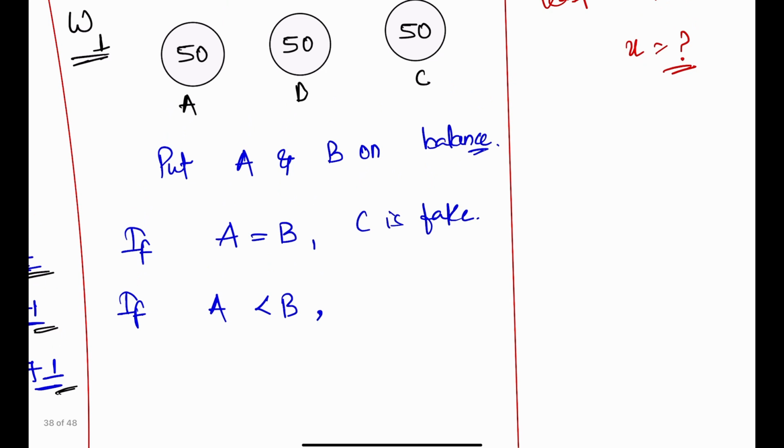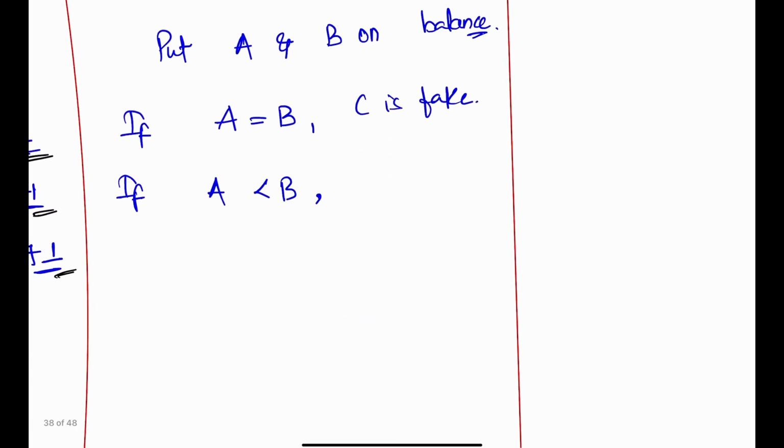We are not sure now whether the fake one is heavier or lighter. It might be that this one is fake if the fake is heavier, or this one is fake if the fake is lighter, right? Which we are not sure of as of now, because it was not given in the question. But what I am sure of is that in this case C is not fake.